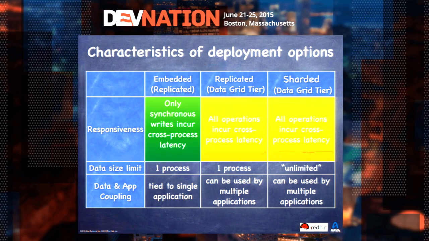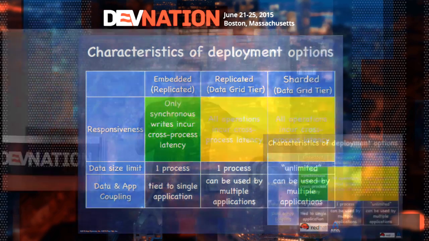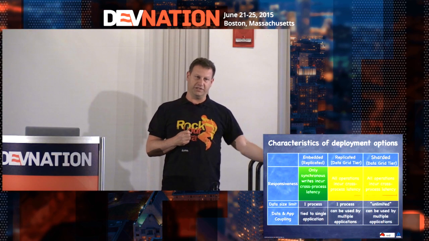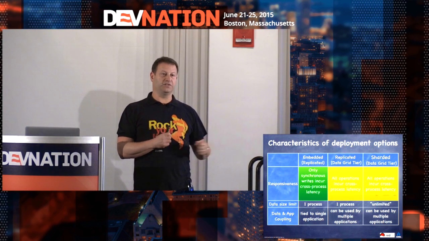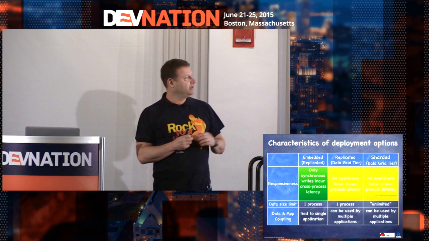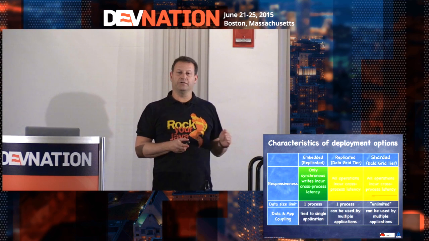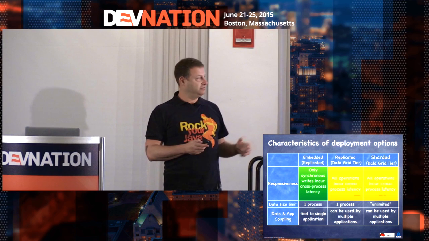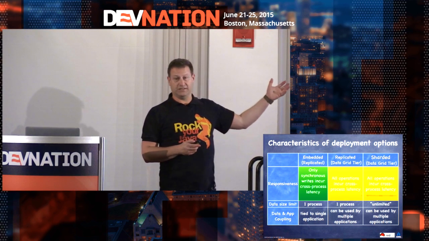In the other models where you separate a data tier, so it's never in your application, you talk to something else, any operation you do against that data is a cross-process, cross-network operation. So obviously speed is better when you're embedded. However, that's the good. The bad part is data size limits.